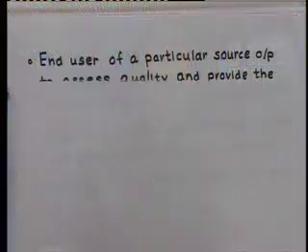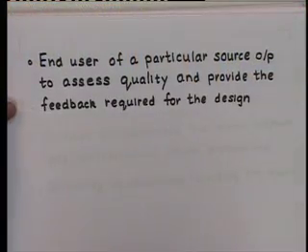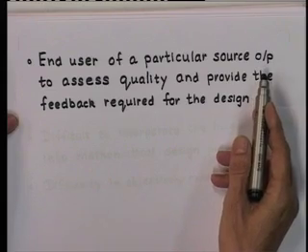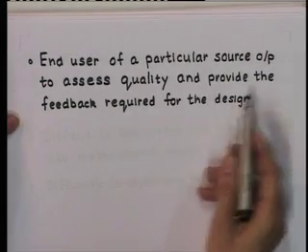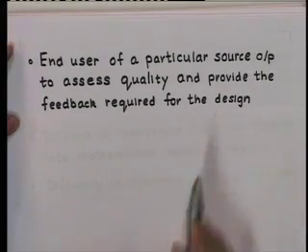So, what this implies is that in the best of all worlds, we would always use the end user of a particular source output to assess quality and provide the feedback required for the design.